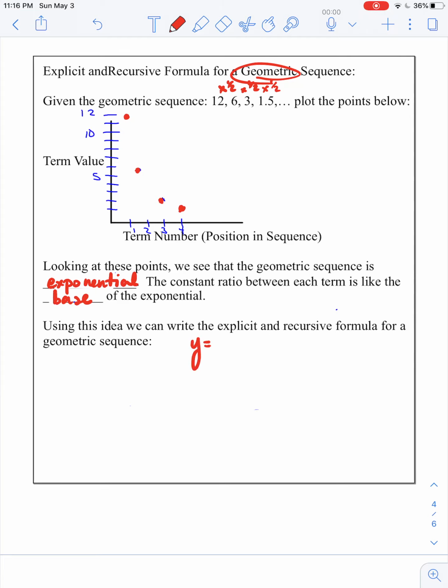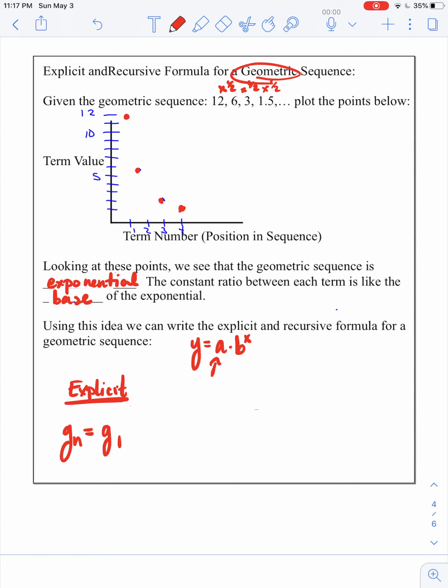So if you think back to a couple months ago, our generic equation for an exponential was y equals a times b to the x. So it follows that exact same pattern. For an explicit formula, we typically use a g now to represent a geometric sequence. So the nth term for the geometric is the first term g1.